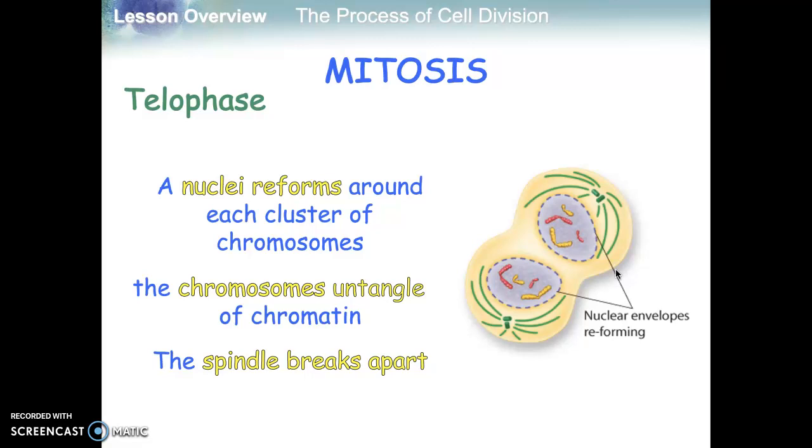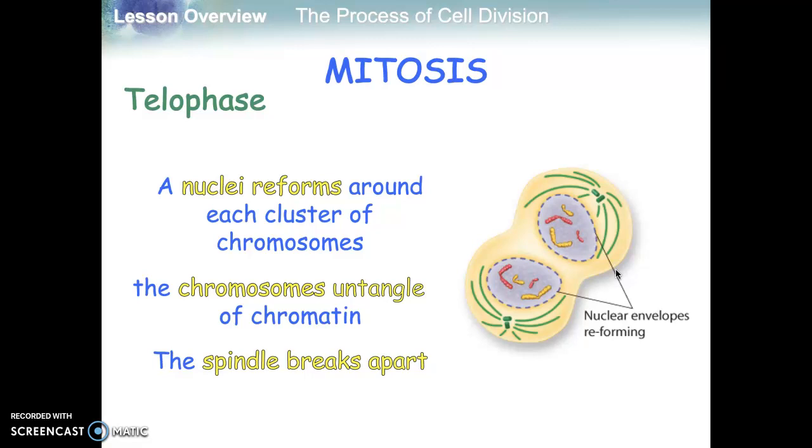So again, prophase, chromosomes appear, the membrane breaks down. Metaphase, the spindle fibers attach. In metaphase, the spindle fibers pull the chromosomes, the double-stranded chromosomes, to the middle of the cell. Once at the middle of the cell, we go into anaphase, where the chromatids are split apart and pulled towards opposite poles, and that gets us here to telophase.